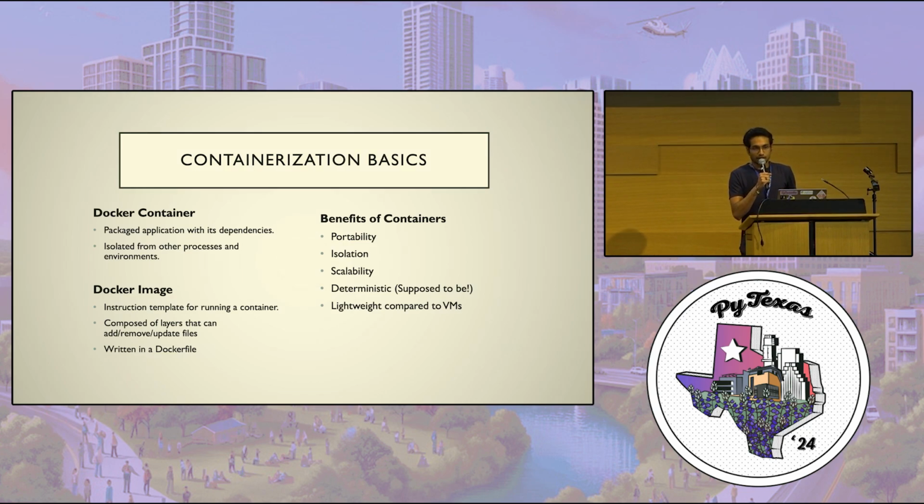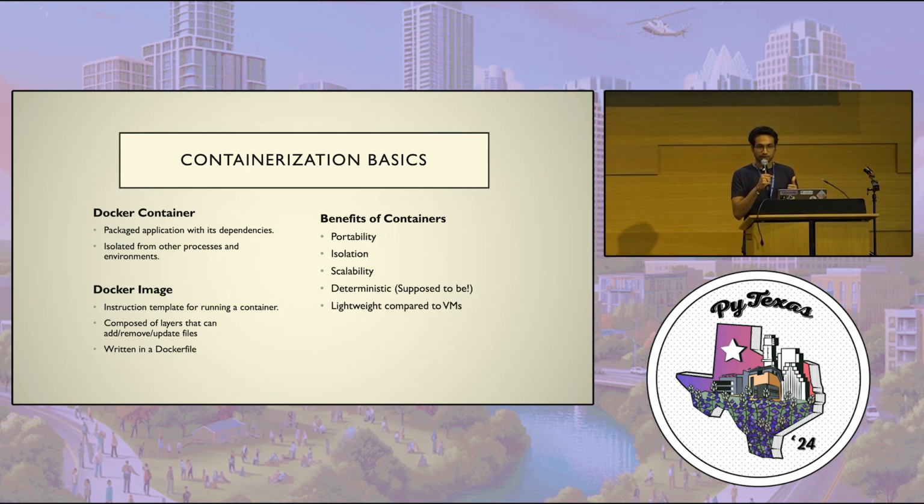And the benefits are portability. It's very portable, which means you can copy it from one machine to another with a different architecture. You might have to change a little bit, but otherwise it's pretty portable. Isolation, because you're able to isolate your application from any other system processes. Then you have scalability, of course, especially combined with something like Kubernetes.